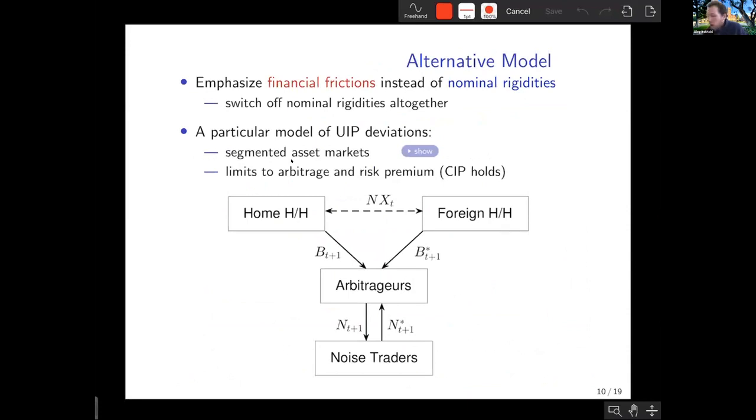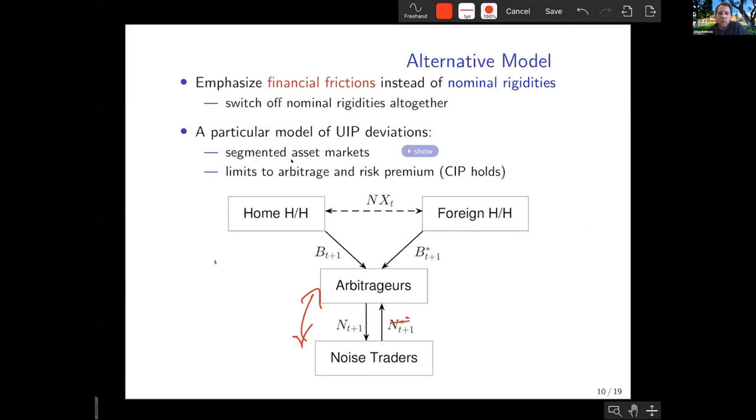So what we do here is combine the structure of Gabaix and Maggiori, where you have home and foreign households that can trade goods directly, but they can only trade assets through arbitrageurs. But arbitrageurs, in addition, need to trade with the noise traders who have this exogenous demand for different currencies. The difference from Gabaix and Maggiori is that this is not a model of financial frictions.